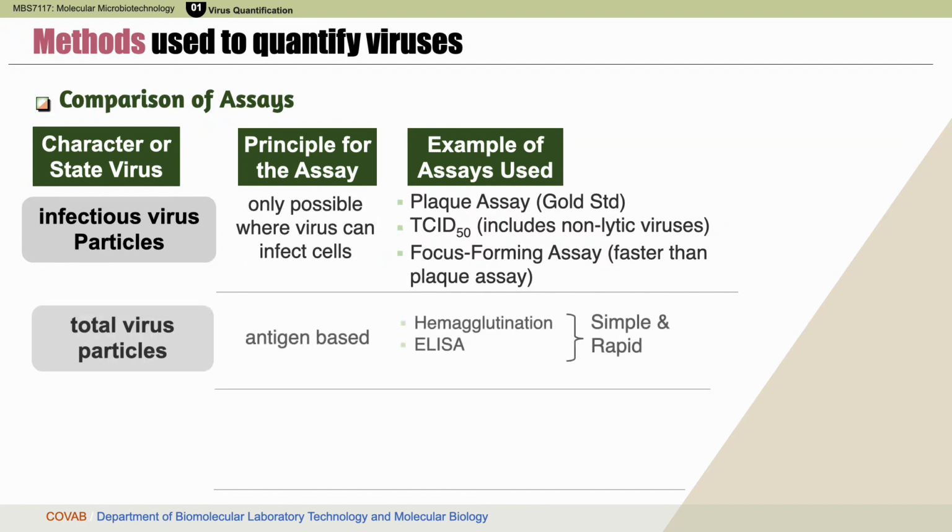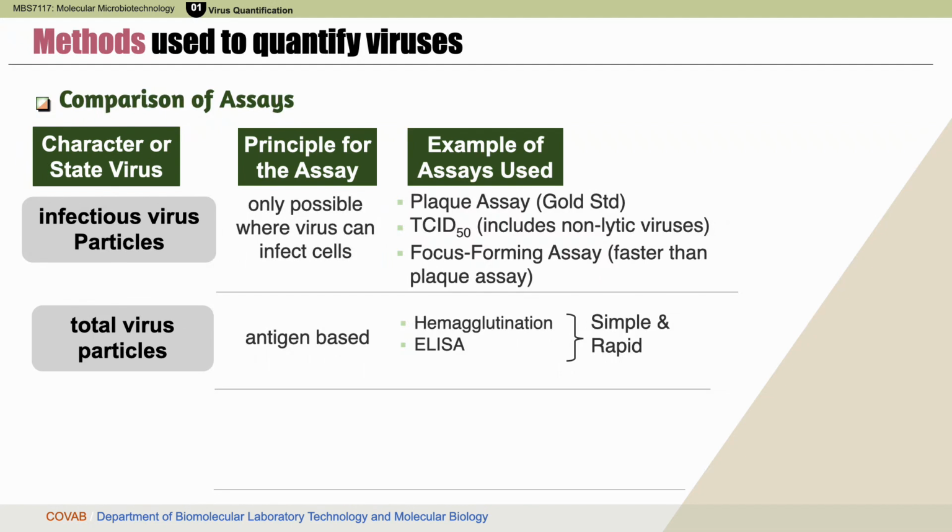Our second category of assays are those that measure the total virus particles. They are not considering whether these total virus particles are infectious or non-infectious, but it is the whole virus particle with the genome and the capsid.